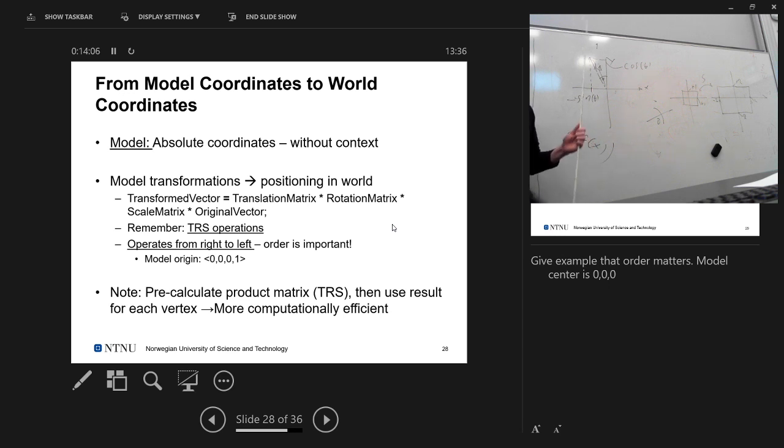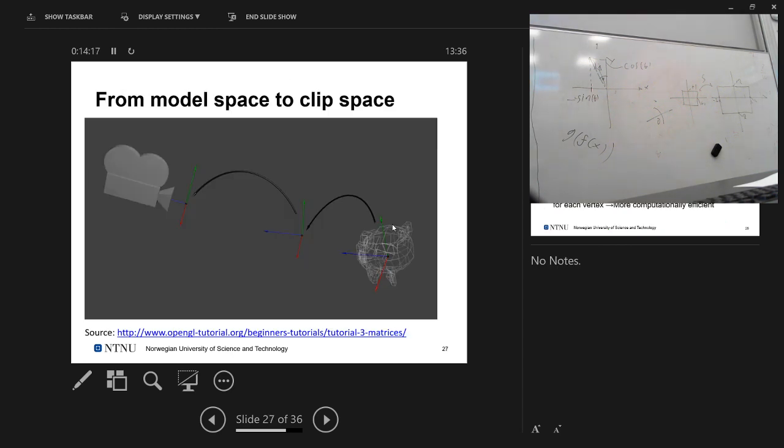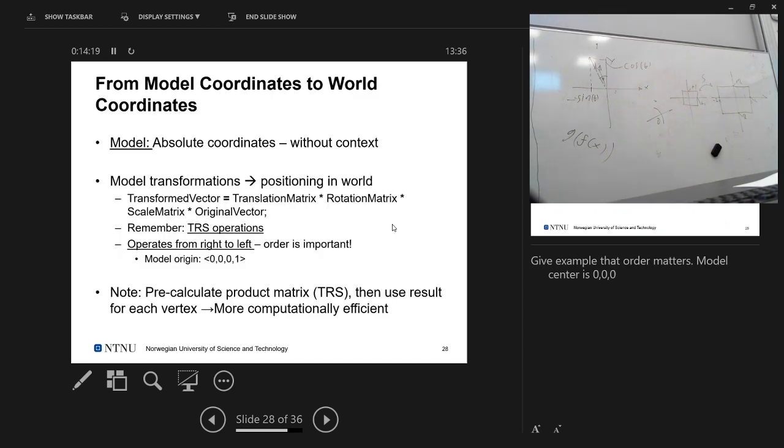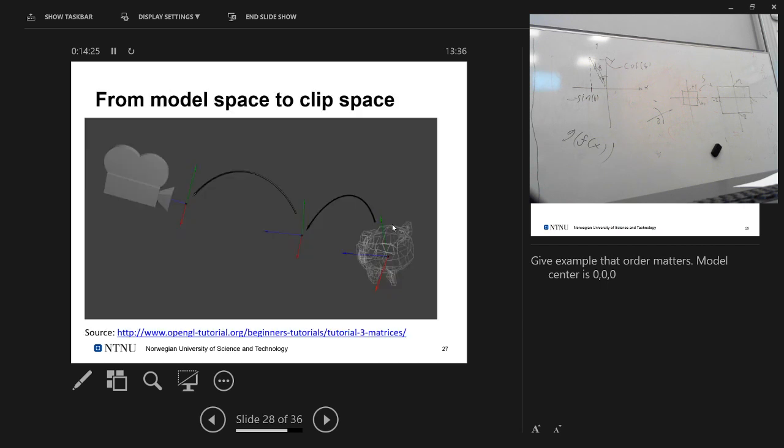Then you save a lot. And you have this one matrix that takes care of all those operations. And you will see that you can continue to multiply matrices to map to these other spaces here as well. So now the next one. It's the camera matrix, or the mapping from world to camera here.